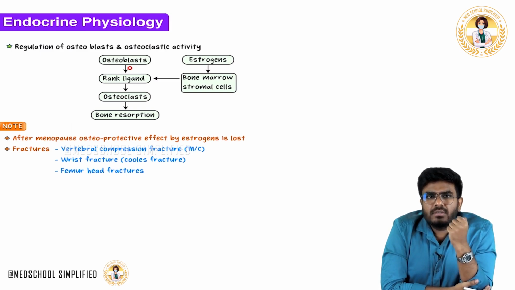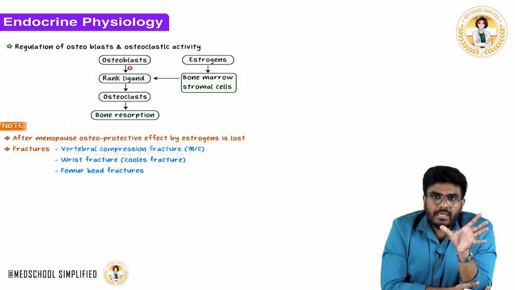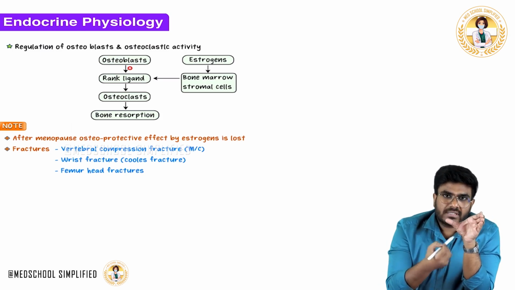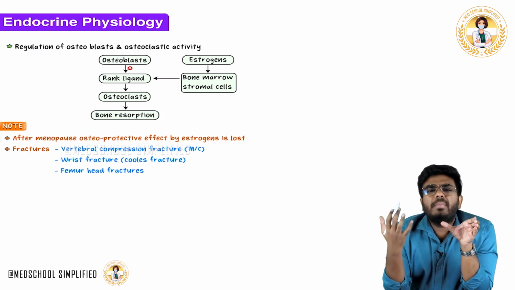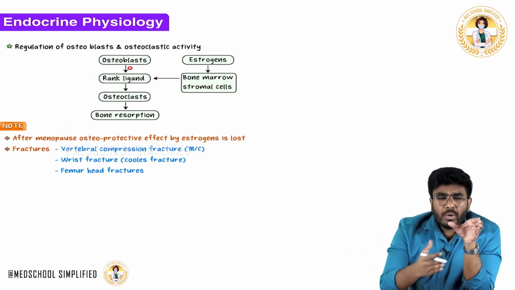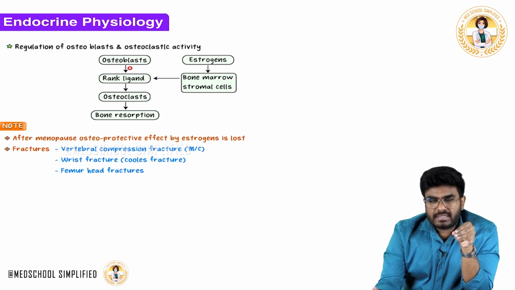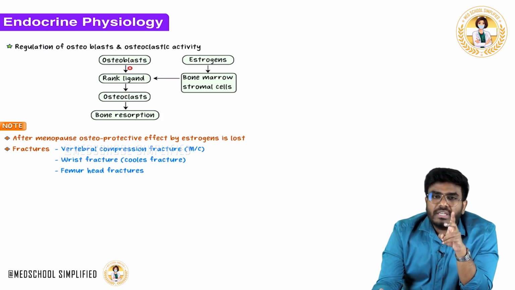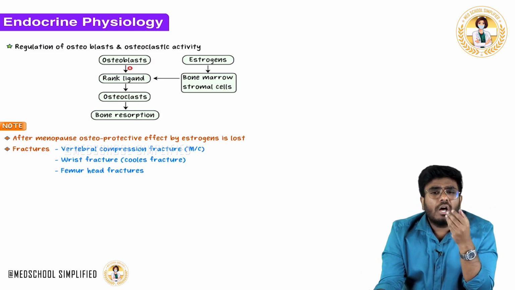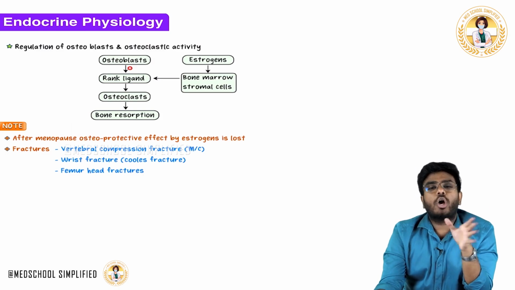When a female reaches 50, 52 or 55 years, her ovarian reserve decreases. Usually the ovaries have many follicles and oocytes, but with time the follicle count decreases. By the time she reaches 50 years, the follicles in her ovaries are almost gone.